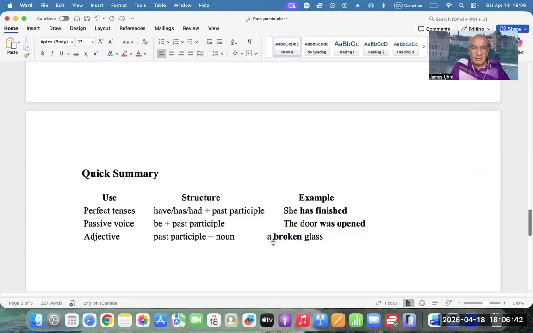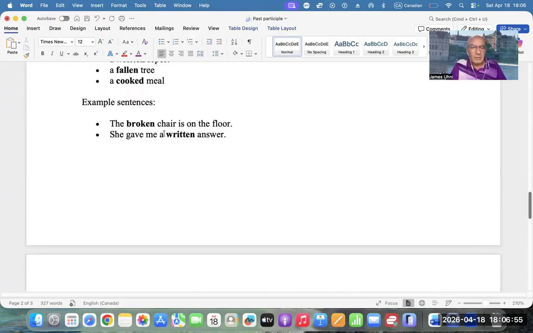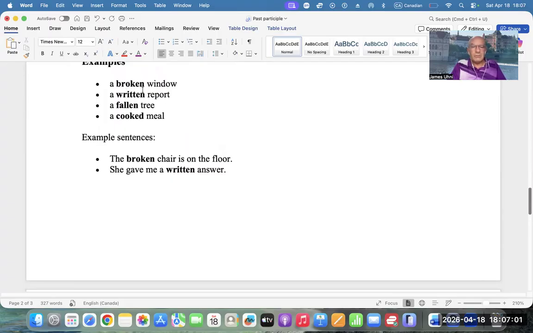And as you can see, I have article over here, a broken glass. The door was opened. And if I look at here, a written, the broken, a cooked, a fallen, a written, a broken. So these, obviously, if there are these articles, then it cannot be a verb 3.